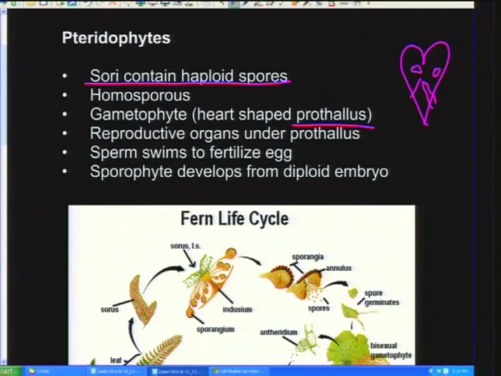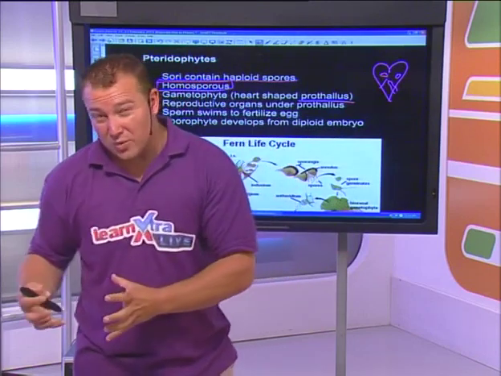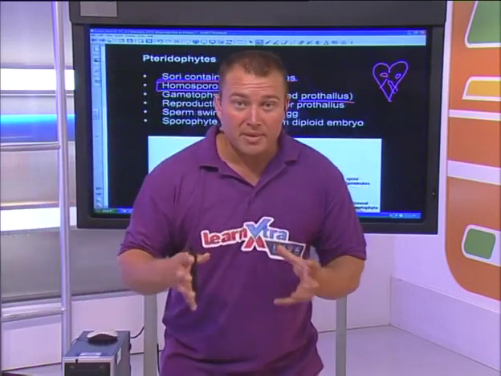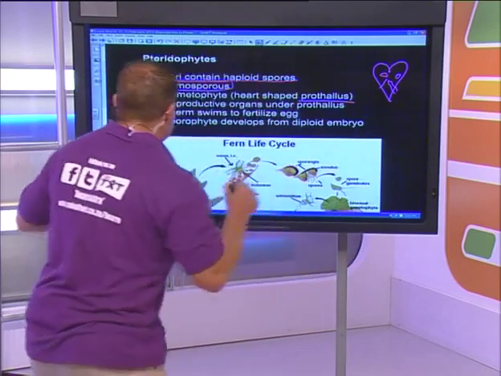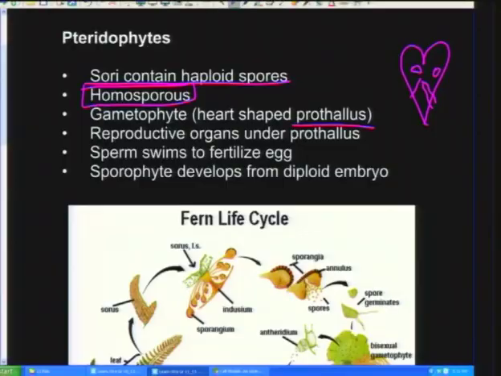And remember, this is also homosporous. So in other words, only the one will be female and the other one will be male. You've got to remember that. It's very, very important. Then they come together and the male will swim to the female. When it gets there, the female will grow a new little plant. Does that make sense? Let's have a look.